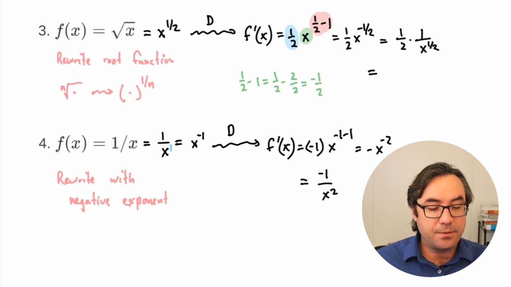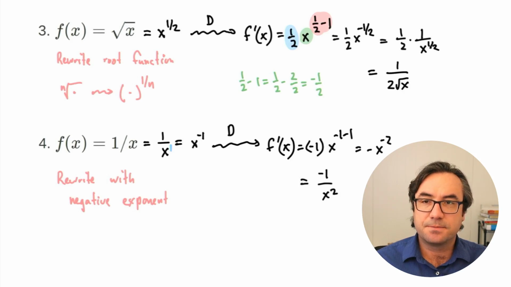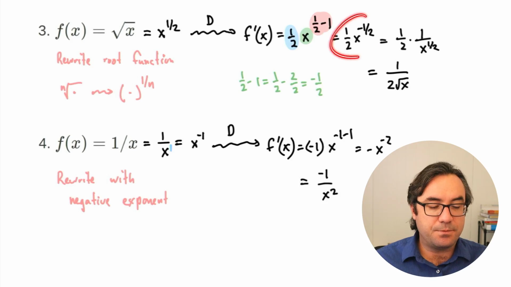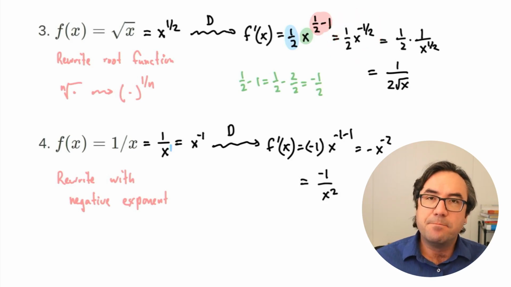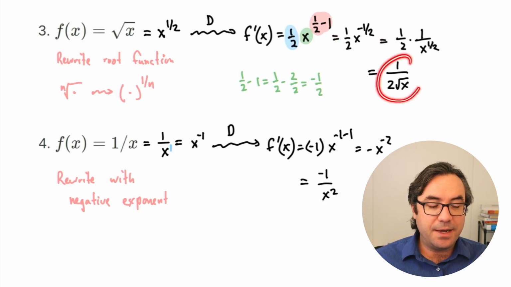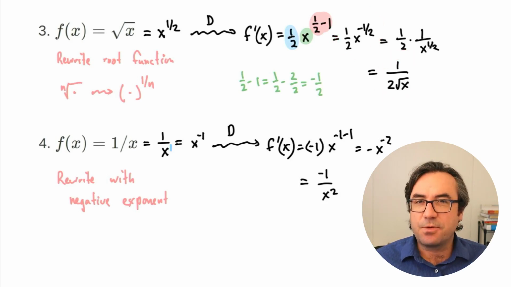So another way to rewrite this would be 1 over 2 times square root x. So, like I said, you don't always have to do this. Perfectly fine to just leave it like this. A lot of cases this is preferred. But if we want to evaluate, getting it back into this form is actually sometimes a little bit nicer.